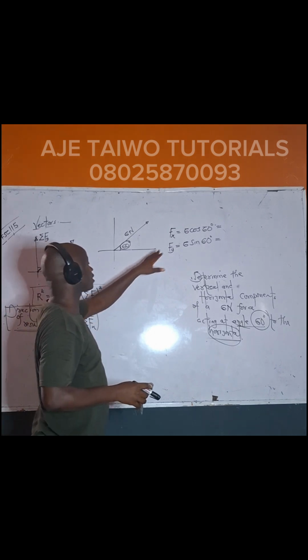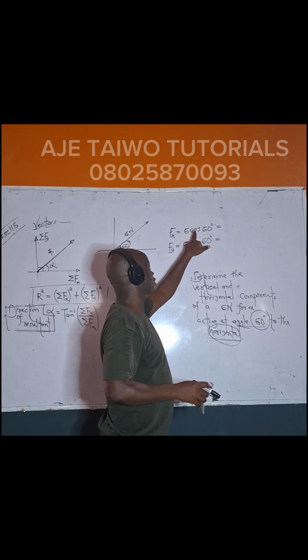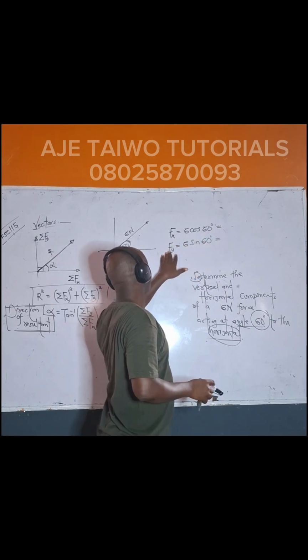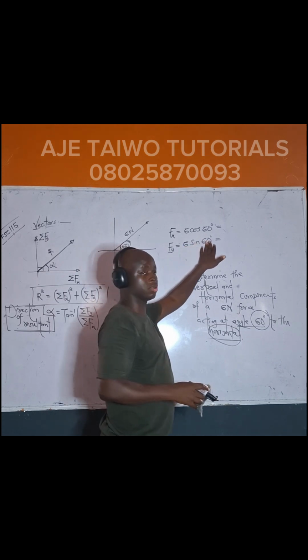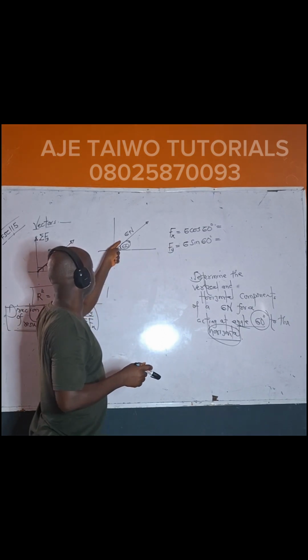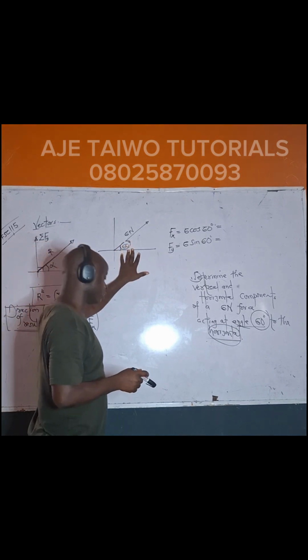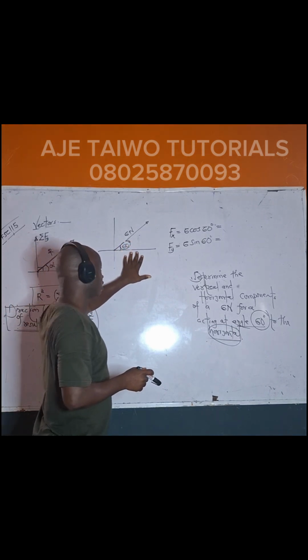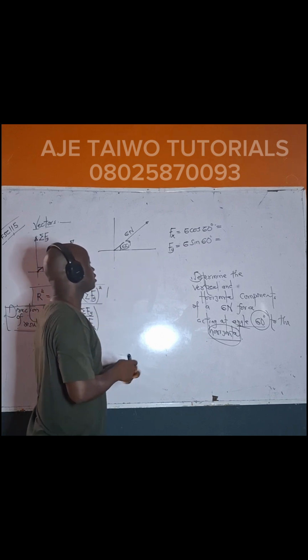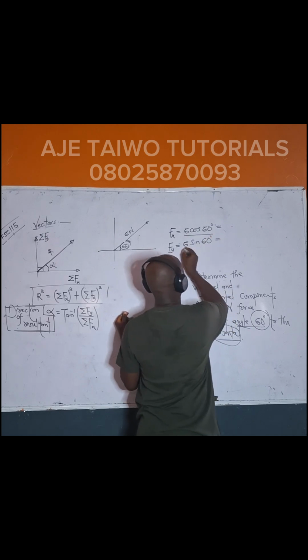To insist, Fx is the force cos the angle, Fy is the force sine the angle. Make sure the angle is to the horizontal. Very, very important. Extremely important. Take note of that.